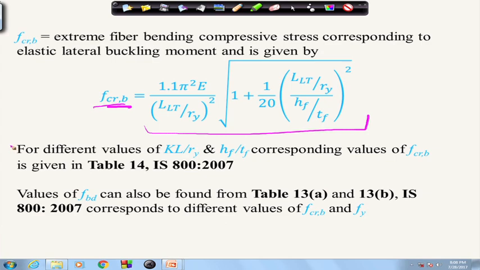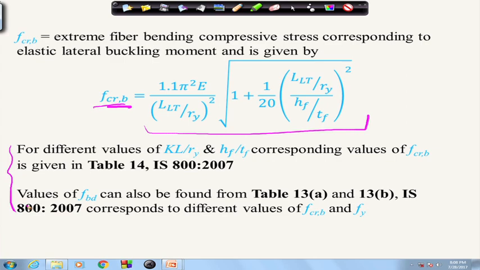Otherwise, very quickly we can find out the FBD value from the table. The code has made it easy to find out the value of FBD without calculating through those expressions which are given. So, what we can do?